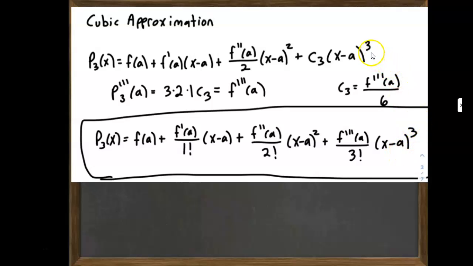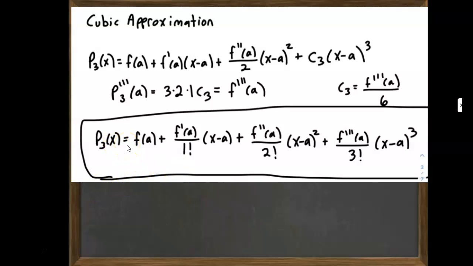Because the pattern would be if we did this with a fourth power, then the first time you did the derivative, you'd multiply by 4. The next time you'd multiply by 3, then by 2, then by 1. For the P4 approximation, we'd be dividing by 4 times 3 times 2 times 1, or 4 factorial. And that pattern continues.